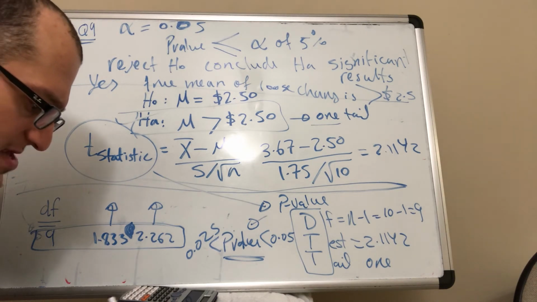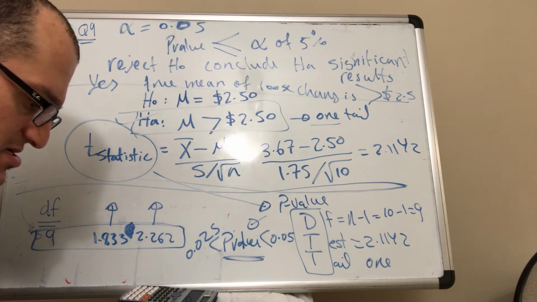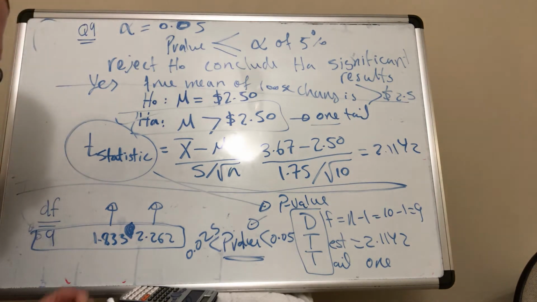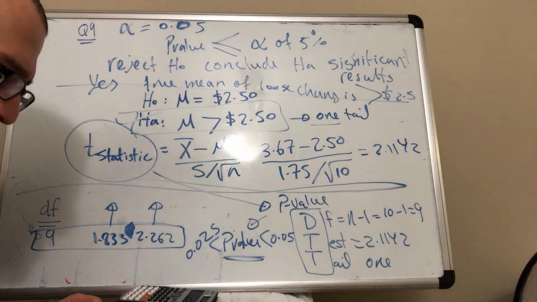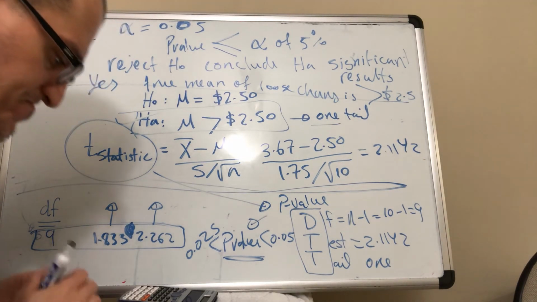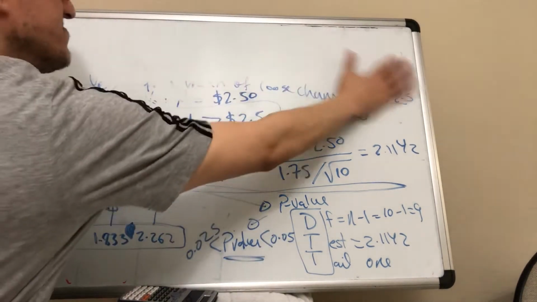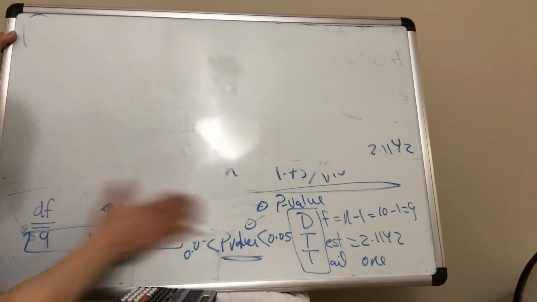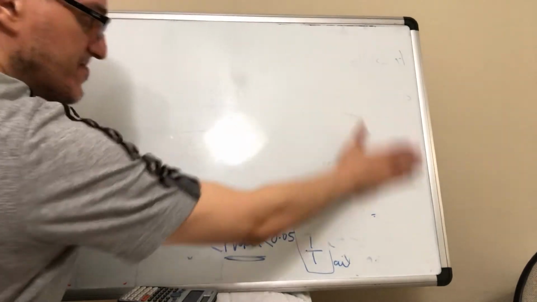Pretty much the only thing I want to talk about is question 14, because there is a possibility that you might see something like this. So in question 14, they give you two pictures.